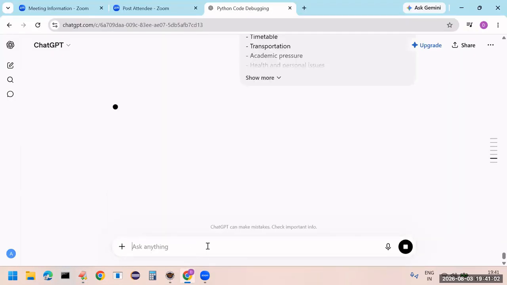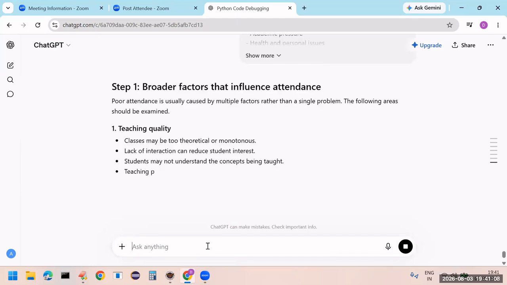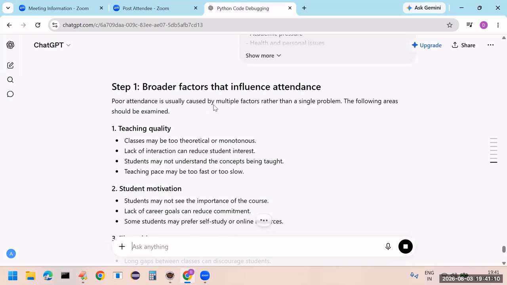Now what happens? Let us check. Have you observed the broader factors that influence attendance? Teaching quality. Classes may be too theoretical or monotonous. Lack of interaction can reduce student interest. Students may not understand the concept being taught.